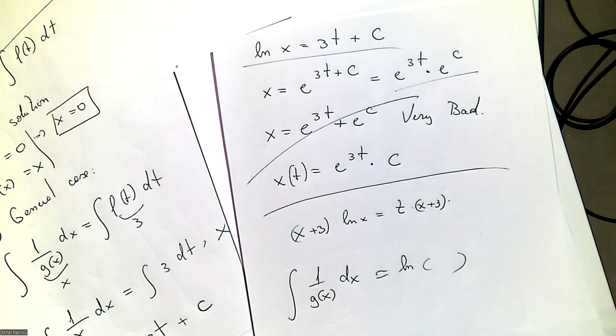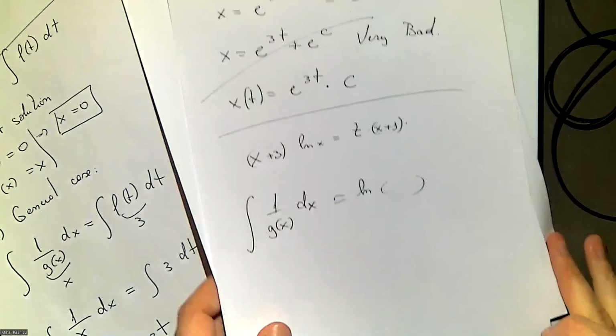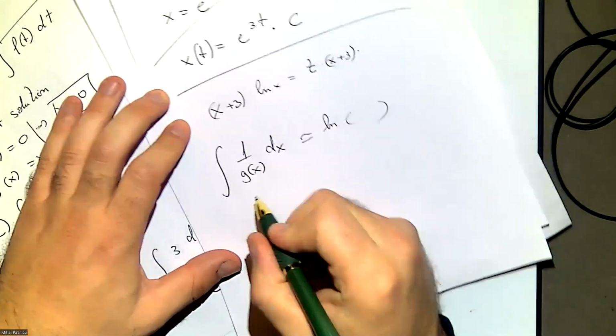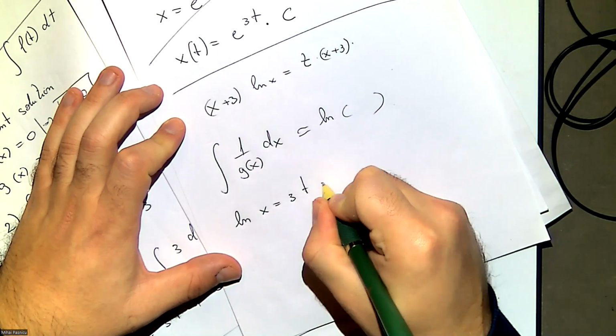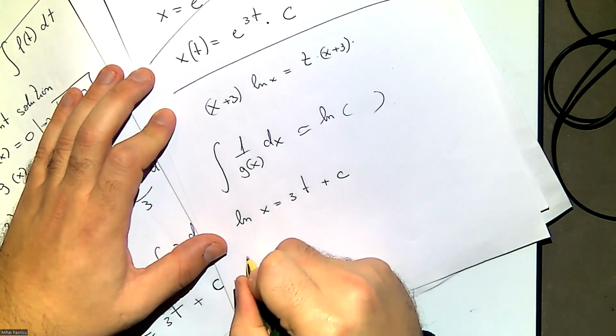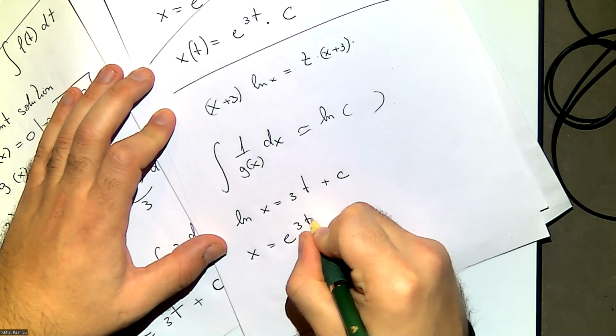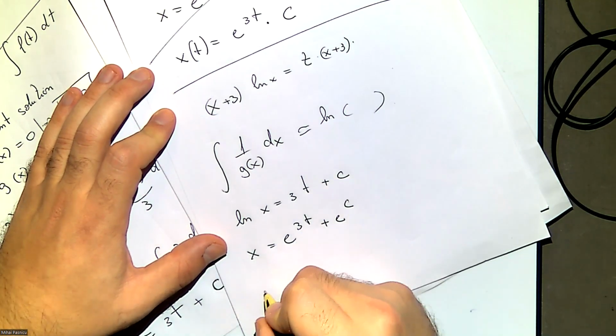On all well-behaved functions, this usually gives you ln of something. And the problem is that people write ln of x is equal to 3t plus c, and then they say x is equal to e to the 3t plus e to the c.